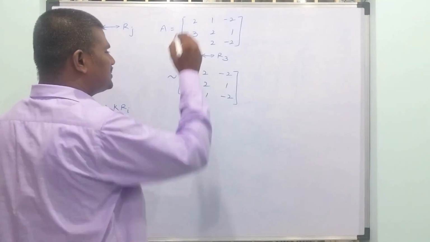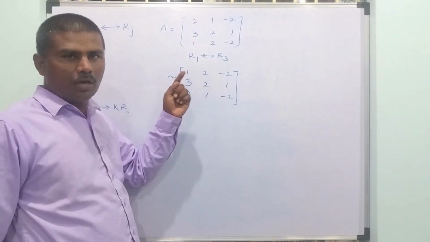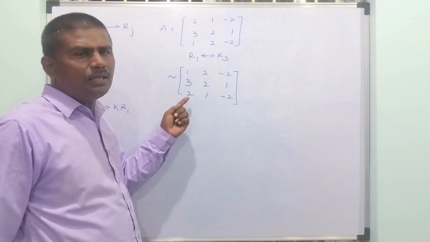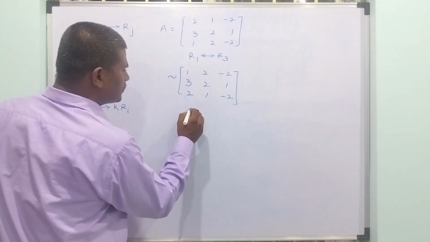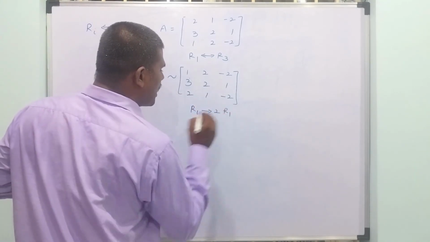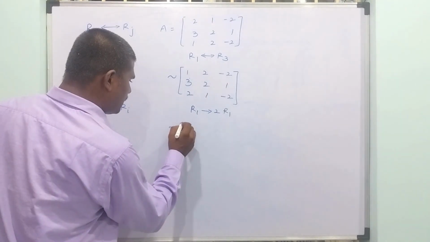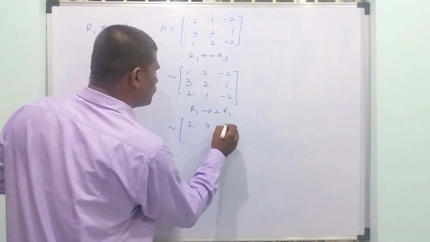That means for the same example, let us multiply the first row with 2. Not only the first row, you can multiply any row. The operation can be noted as R1 → 2 R1. This is equivalent to 2, 4, minus 4.